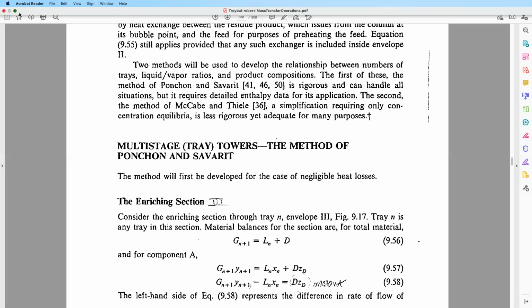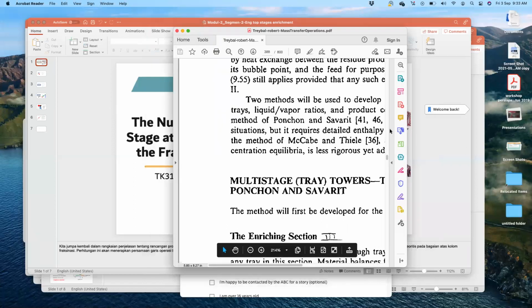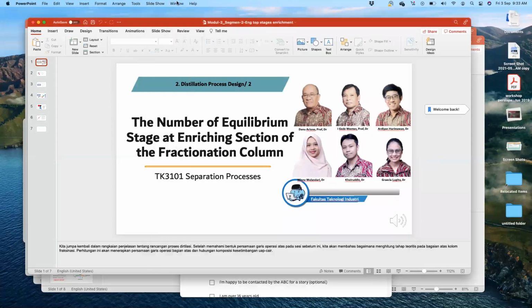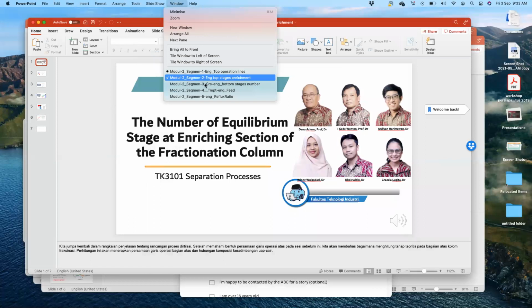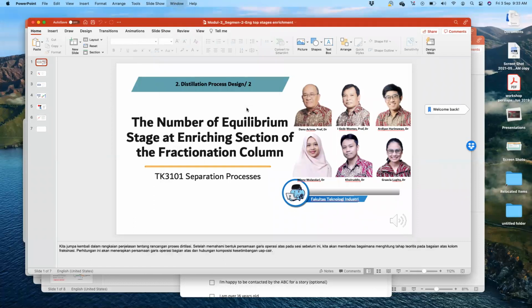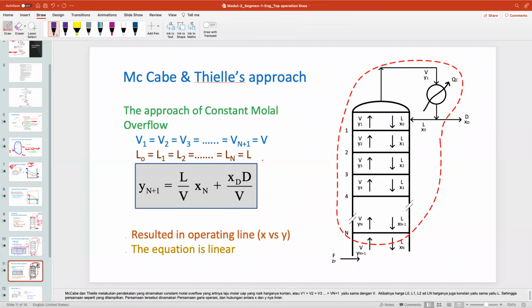Okay, you see, there are a lot of books. So let's go back to here and start to check it again. That is using McCabe-Thiele's approach. In this approach, we assume constant molar overflow.